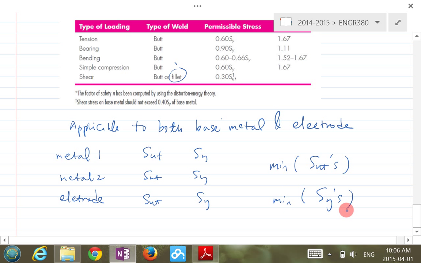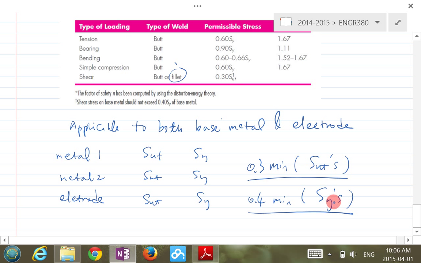After you find the minimum of SUTs and SYs, we use the welding code: we apply 0.3 to the minimum SUT, and 0.4 to the minimum SY. Then you find the minimum between these two.